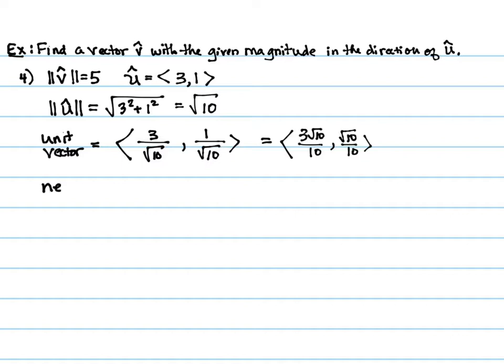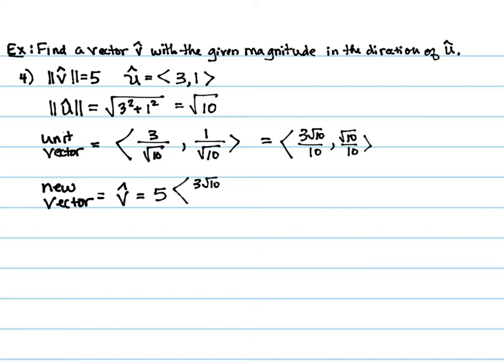And then the vector I'm looking for, we'll call it our new vector, or you can call it v, because they actually identify it as v in the first part of the problem, will be to take the vector's unit vector, the one that I just got, and multiply it now by 5, because I want my length to be 5.